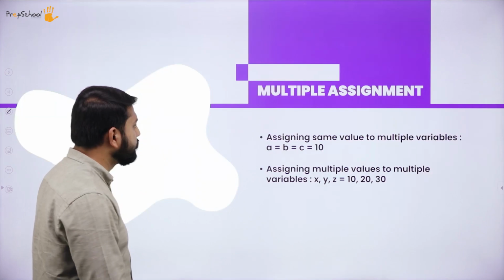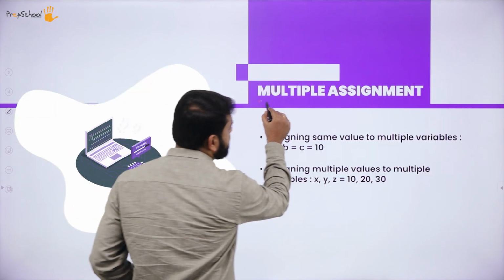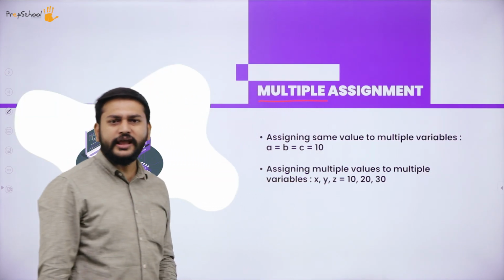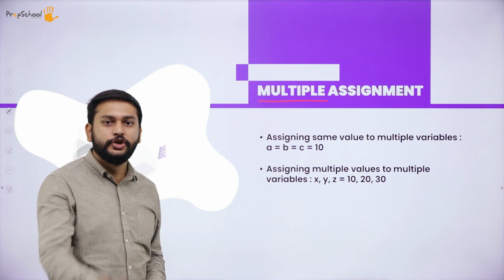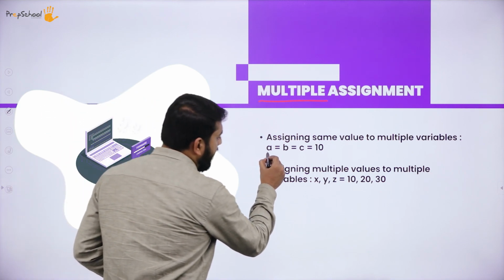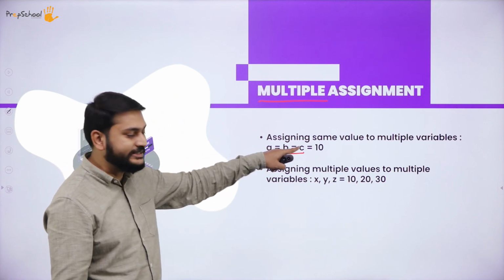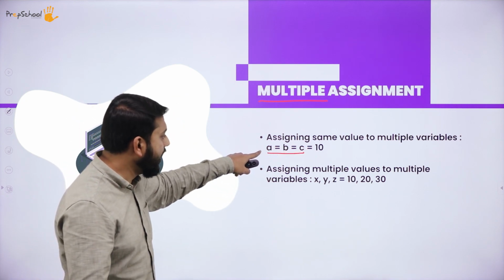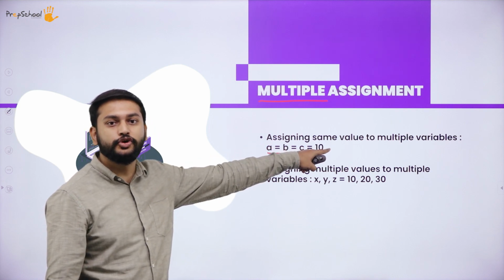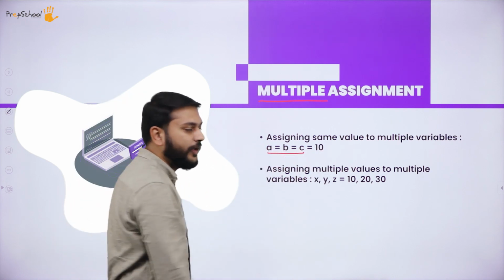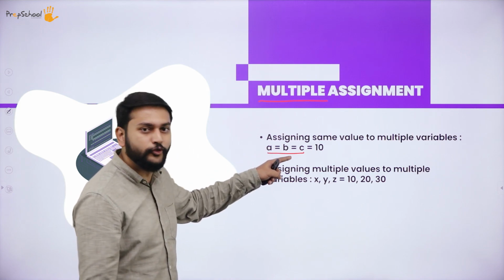So this is how you will be creating the variables. Moving on to the next one: multiple assignments. Please observe here. I have written multiple variables, a, b, c. a is equal to b is equal to c is equal to 10. Can I call a, b, c variables?